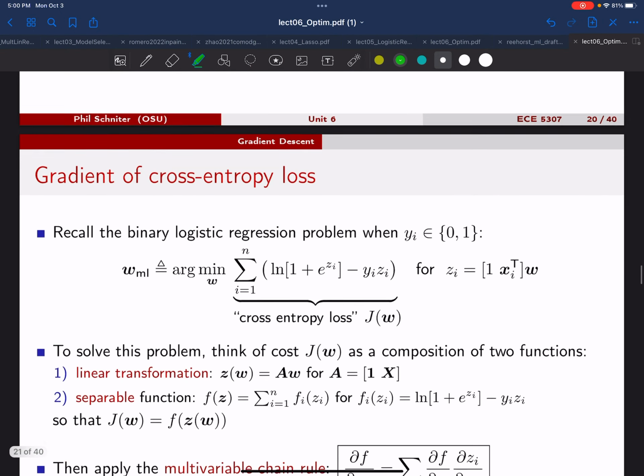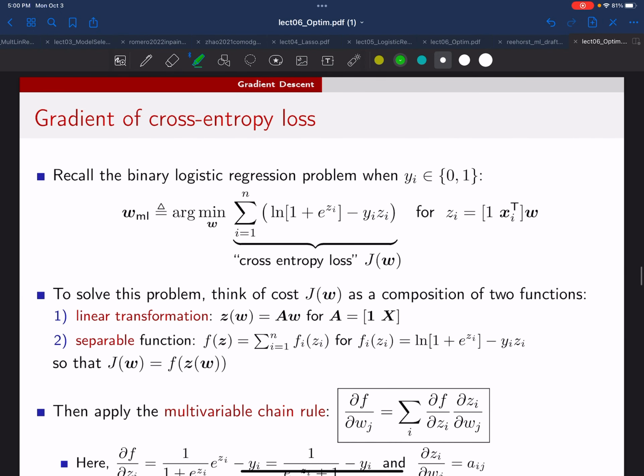Okay, so with all of that, we're ready to start looking at how we can optimize our cross-entropy loss, which is the loss that we saw in logistic regression. So previously we used some built-in scikit-learn solver to do this, but now we can try to do this ourselves with the tools that we learned about.